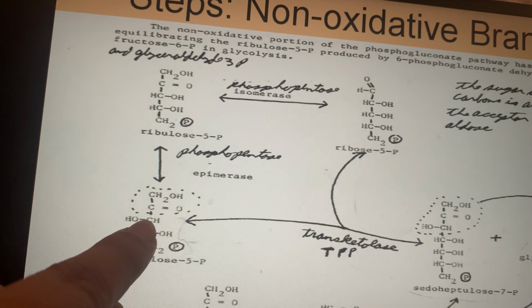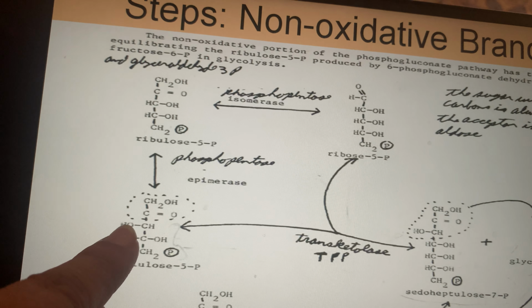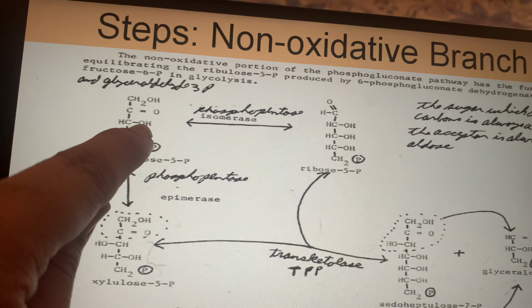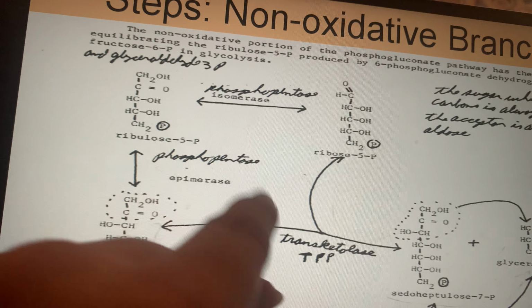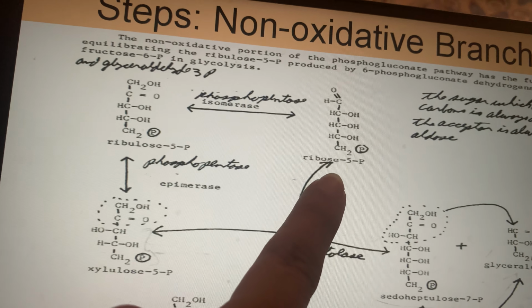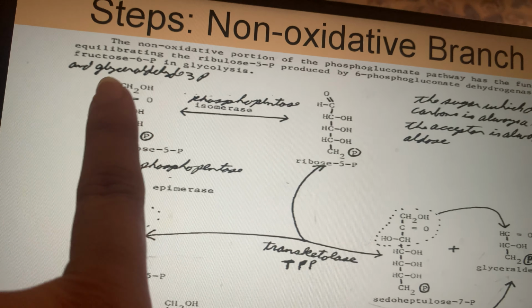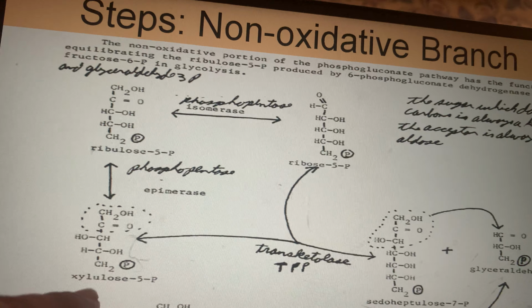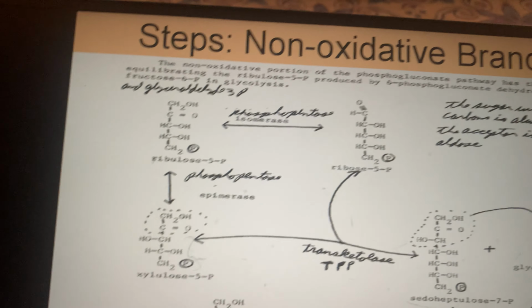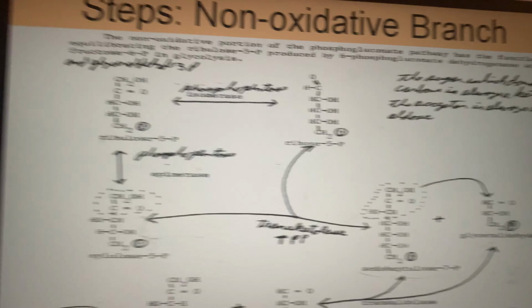Right, this is carbon number 3 here, the hydroxyl group is at the left, and here at carbon number 3, the hydroxyl group is on the right side. So this one is the isomer of this reactant, and this one is the epimer of this structure, and two different enzymes participate in these reactions.